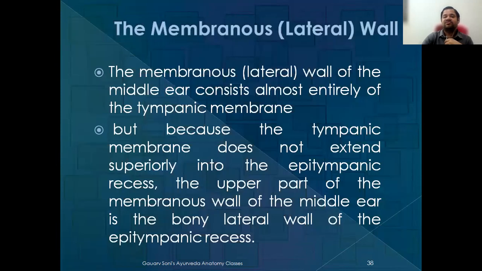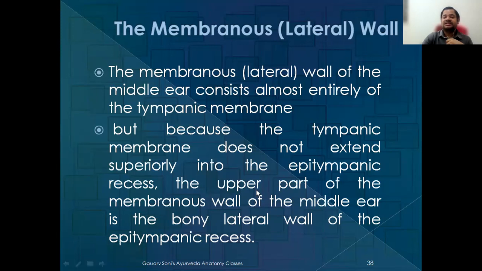Next one is the lateral wall or membranous wall. The membranous wall of the middle ear consists mostly of the tympanic membrane only, but the tympanic membrane does not extend to the superior part. So whatever is the part of the lateral wall in the epitympanic recess will be formed by the bony lateral wall.